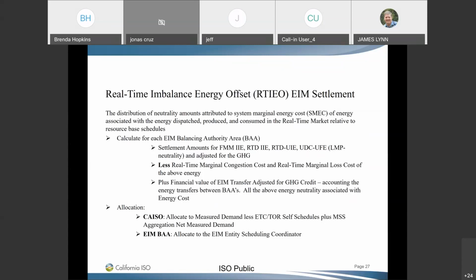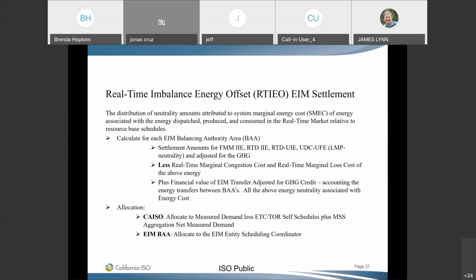A good example would be if BANC's generation was dispatched 10 megawatts to resolve ISO load imbalance of 10 megawatts. When I calculate everything based upon energy, if my energy price is $25, then if I don't account for the ETSR, I show that BANC got paid $250 more than it should.